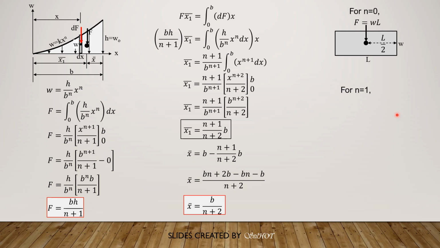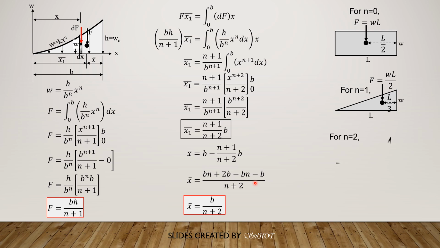For n is 1, then the force is W times L divided by 1 plus 1, so it is a triangle, so WL over 2, the force, and the location of centroid from the right is L over 3, so L over 1 plus 2.